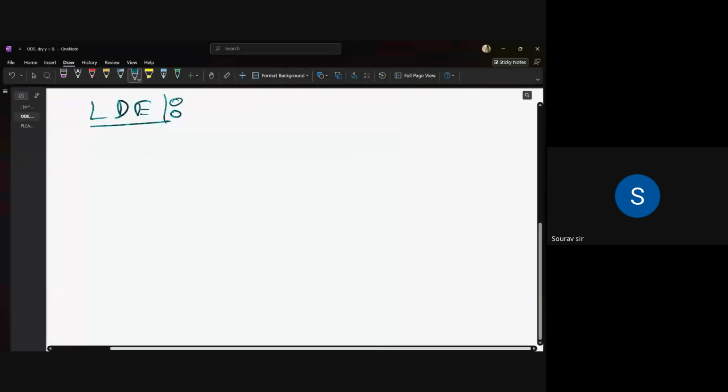So let us discuss linear differential equations. A differential equation is called linear if every dependent variable and its derivatives occur in the first degree only. That means if we have a differential equation like this.